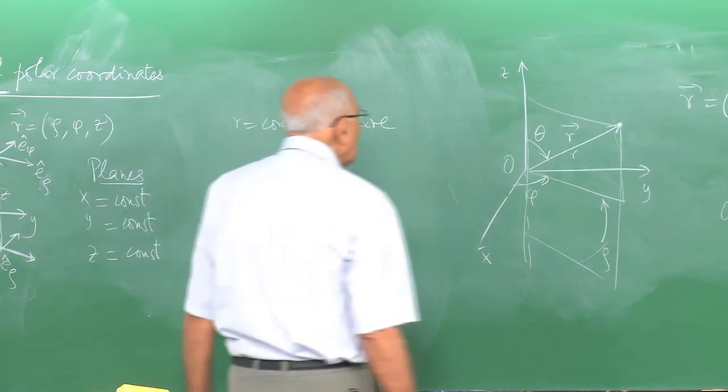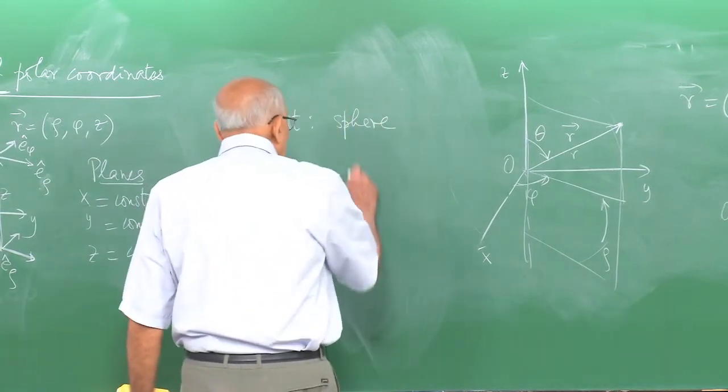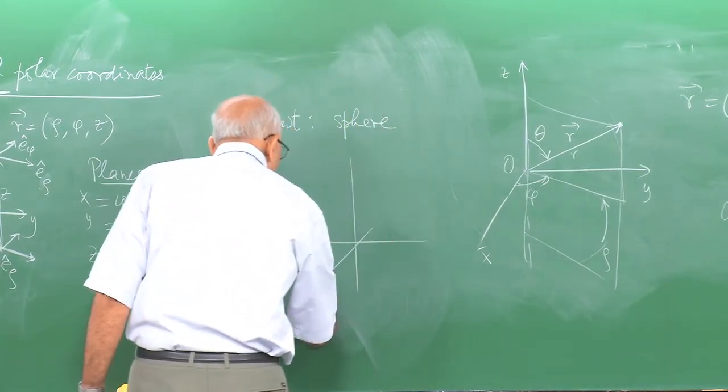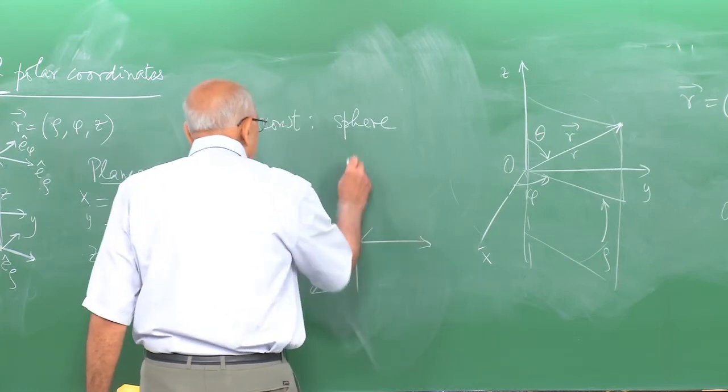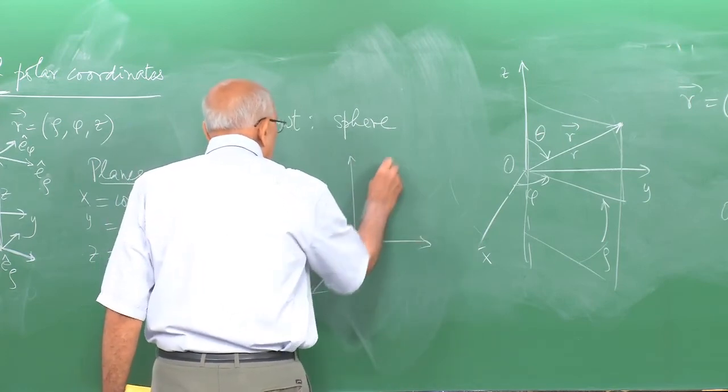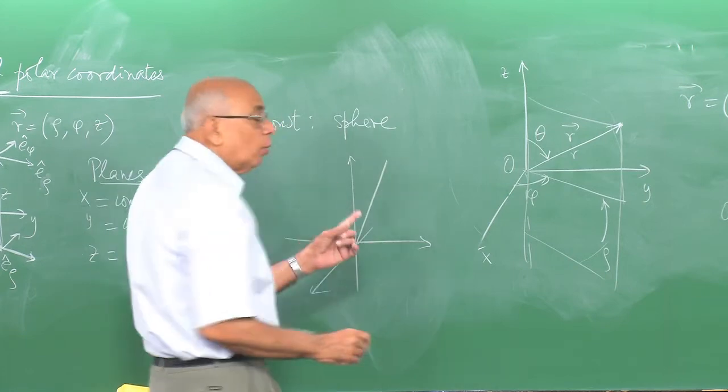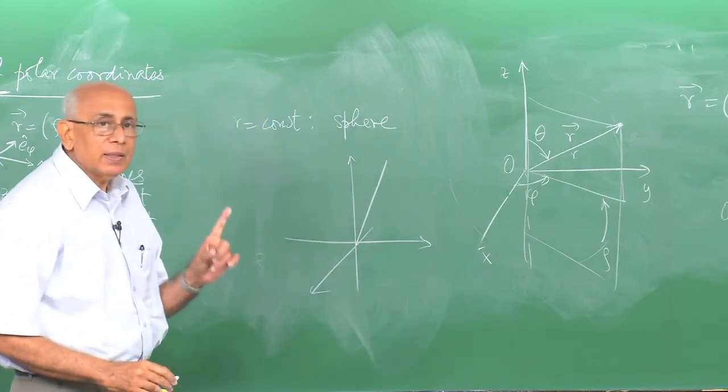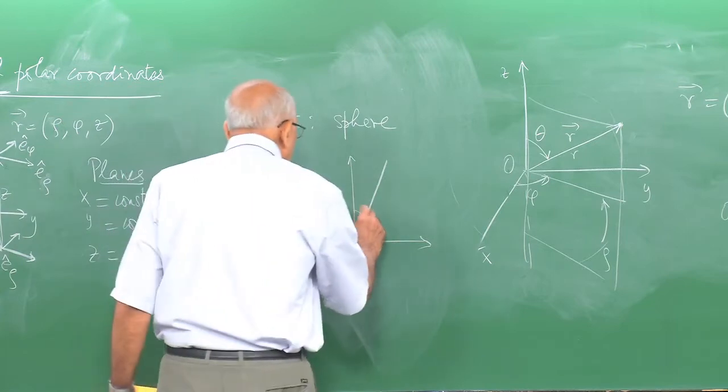Okay. What about theta equal to constant? Well, that's a little interesting, because if this value of theta is constant, then no matter what phi is and no matter what r is, theta alone is constant.